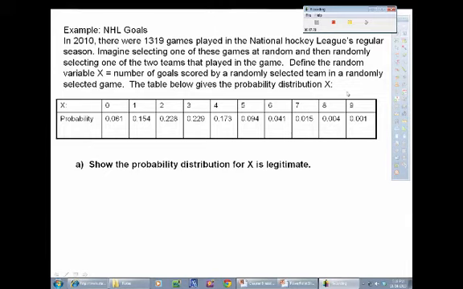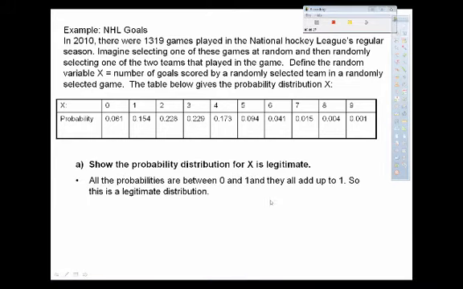Okay, first of all, let's show the probability distribution of X is legitimate. Well, what does it mean to be legitimate? The probabilities have to add up to 1, and they have to be between 0 and 1. So all of these are between 0 and 1, and if we added them all up, they would add up to 1. So this is a legitimate distribution.